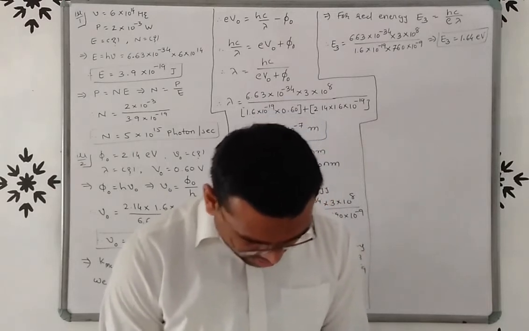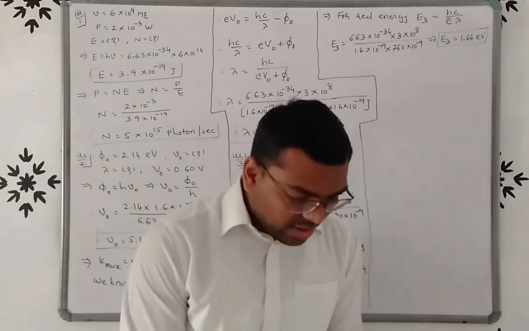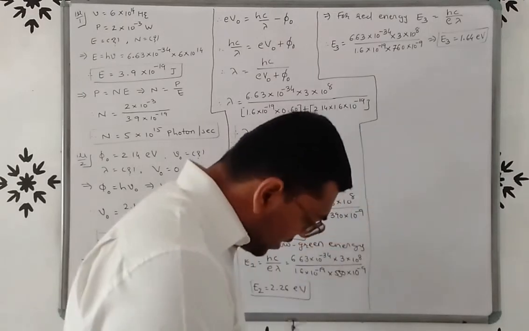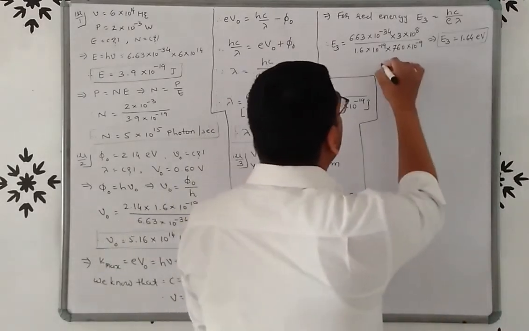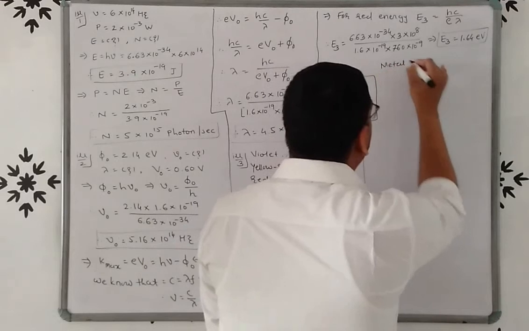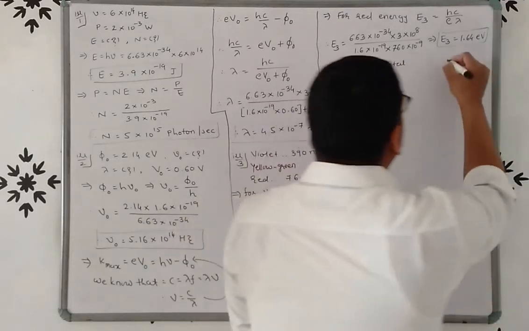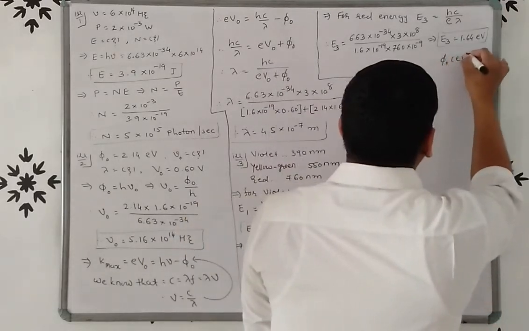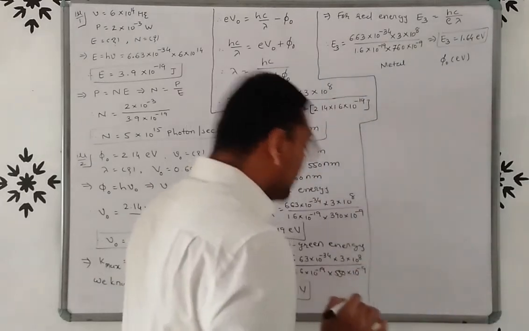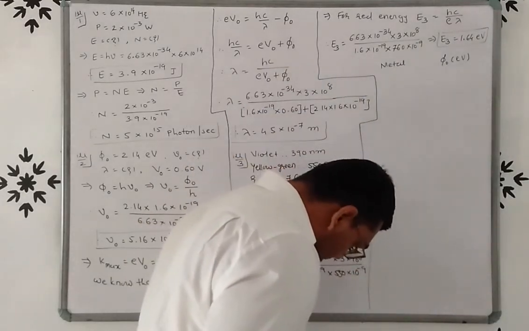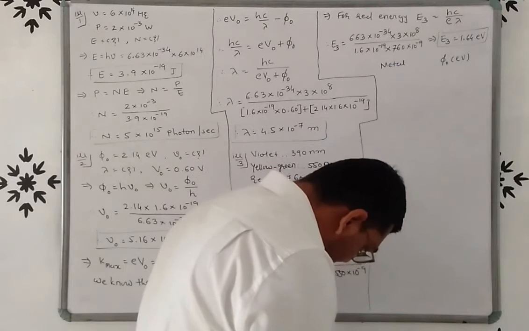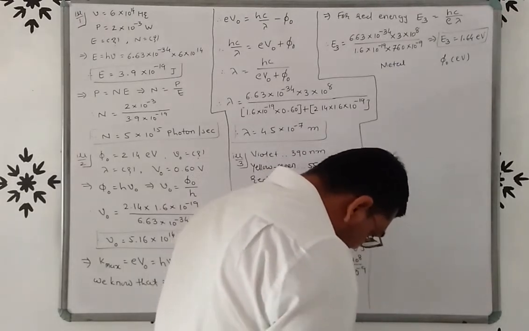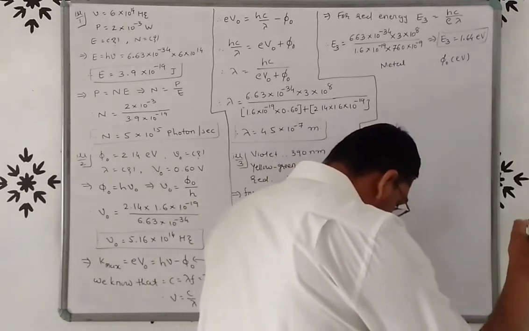So here in table 11.1 different metals are there, and the work function in electron volt is given for different metals. First metal is cesium, Cs, that is 2.14.